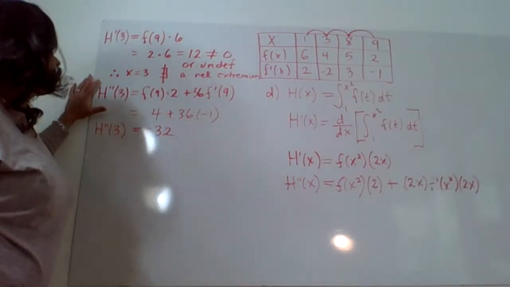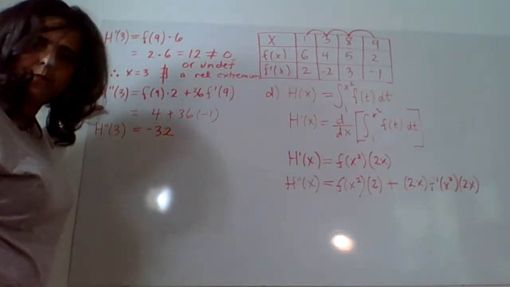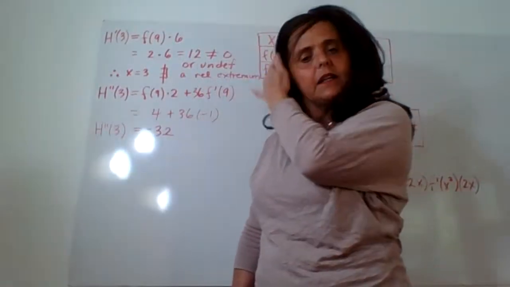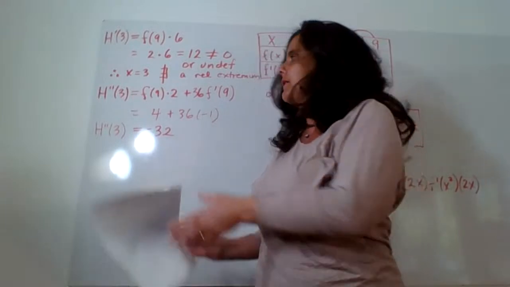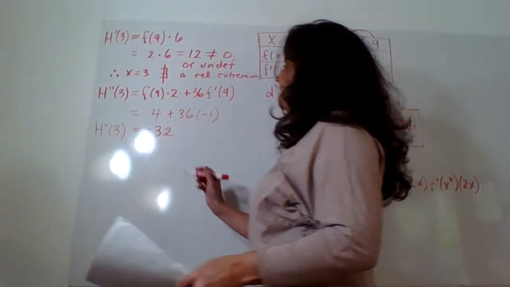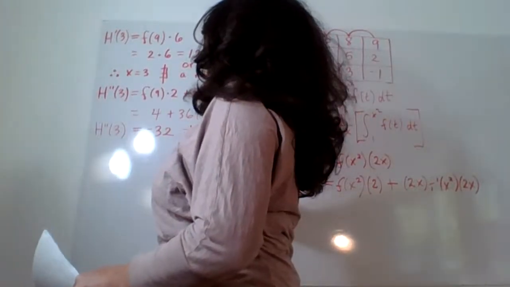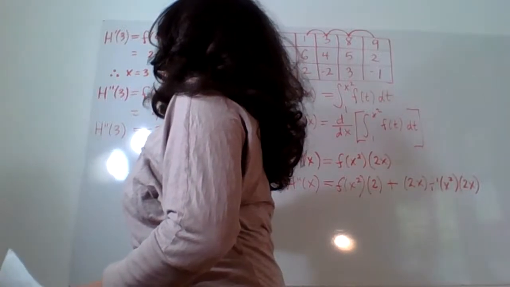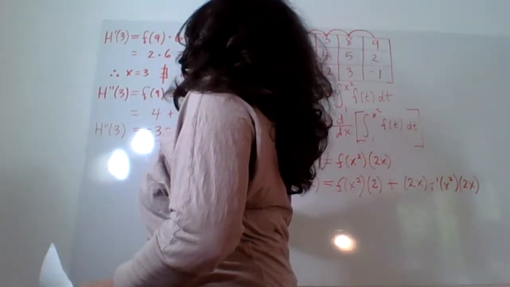So here we can't even get to the testing stage because it doesn't equal 0 or undefined. So h double prime does not equal 0 or undefined at 3, and therefore it cannot be a point of inflection. Therefore, there does not exist a POI.